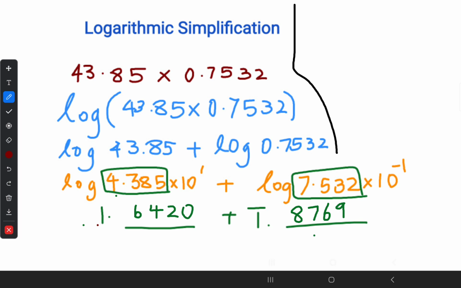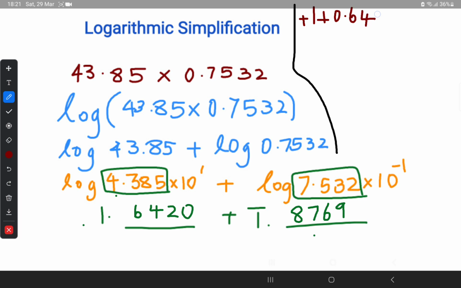You should do the simplification between whole numbers separately and decimal numbers separately. So this would be positive 1. Okay, this is positive 1 plus 0.6420. Try to understand this clearly.